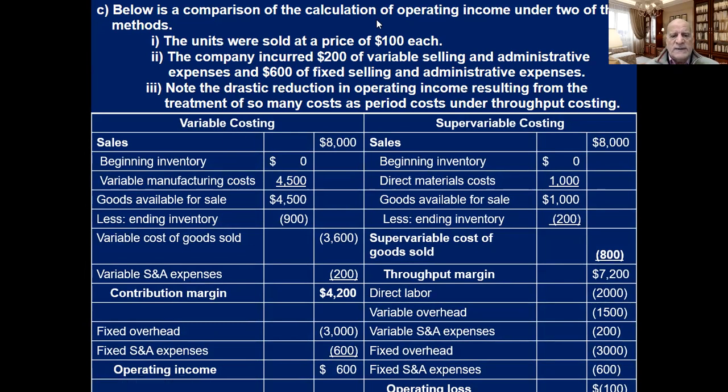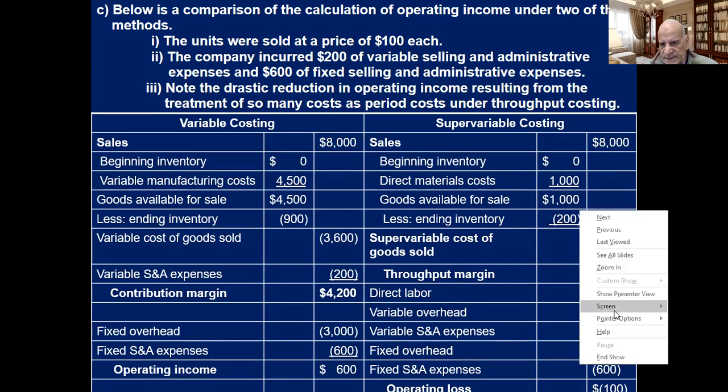The total is $4,500. Less, we have to subtract ending inventory. The ending inventory is units not sold, which were 20, multiplied by the variable cost per unit. Let us have a pointer.